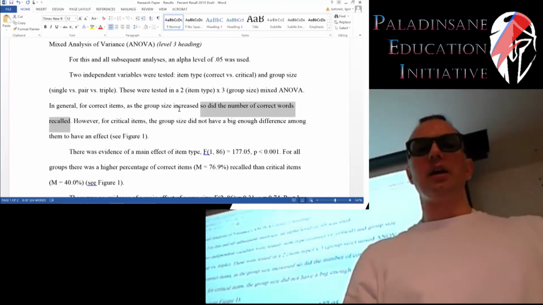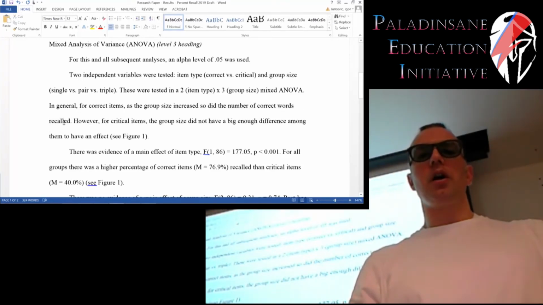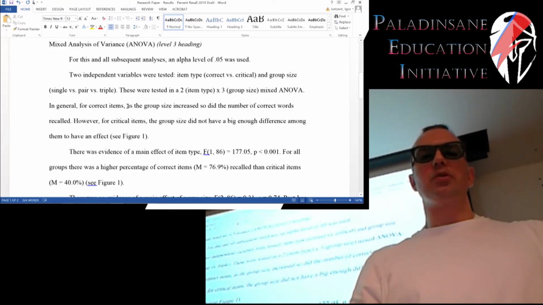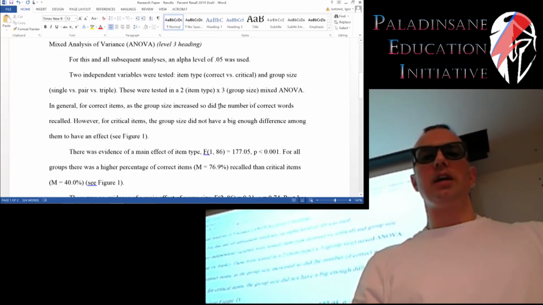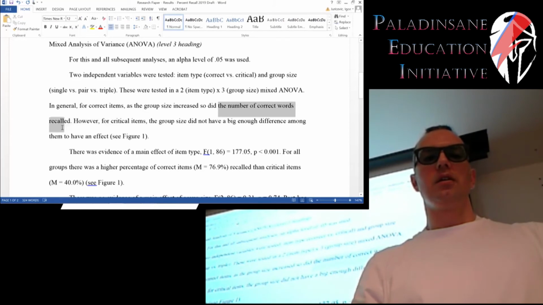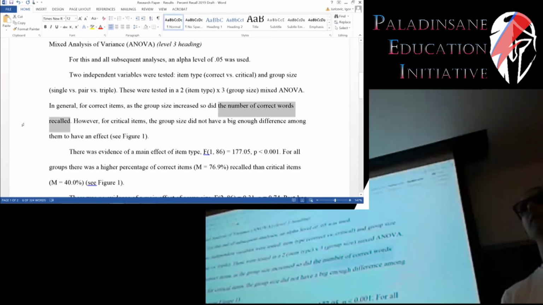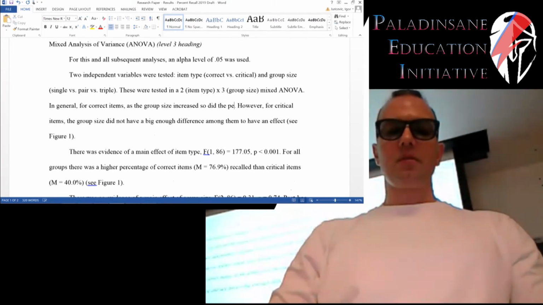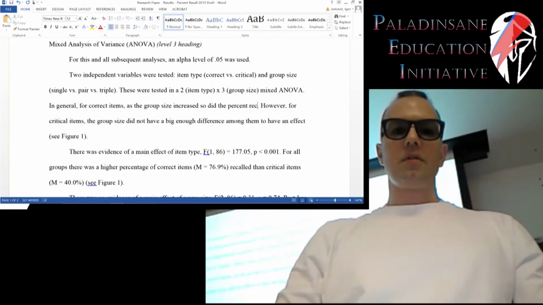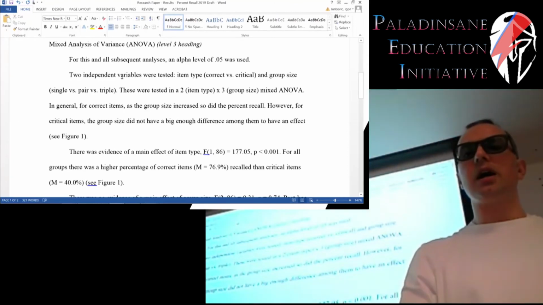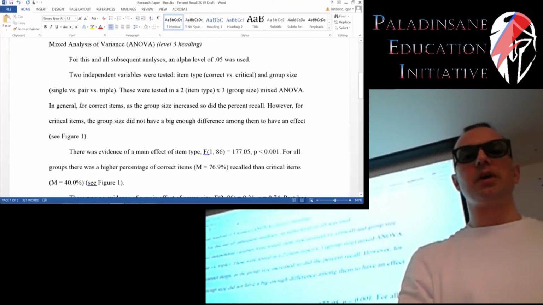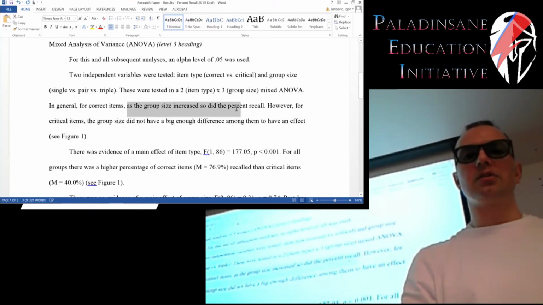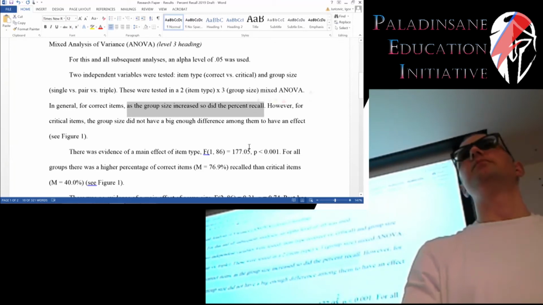So instead of the number of correct words recalled, we can say as group size increased, so did, and what can we write there? What percent recalled of correct words? All right, so I wouldn't put correct words again because we have correct items right here at the beginning. So for correct items, as the group size increased, so did the percent recall.